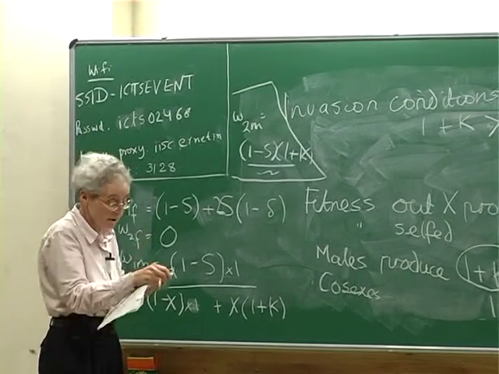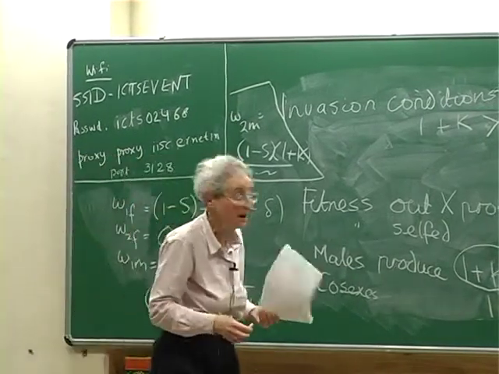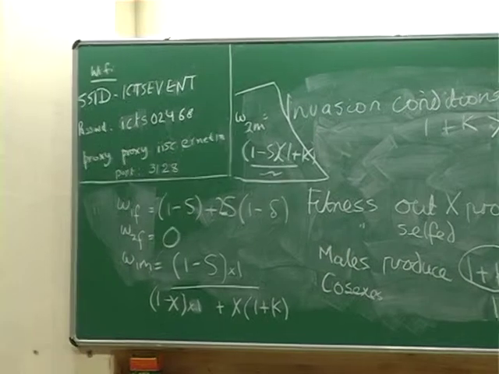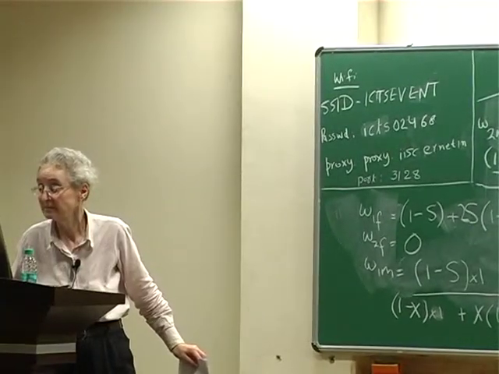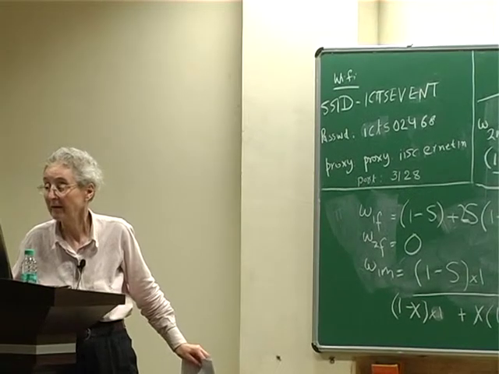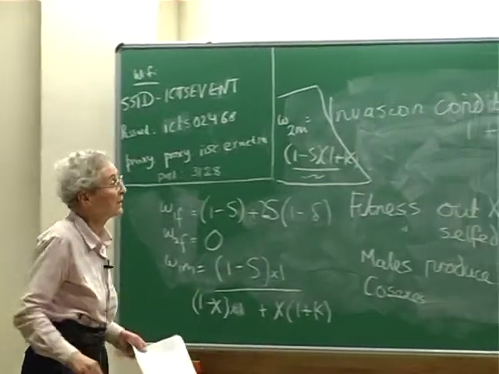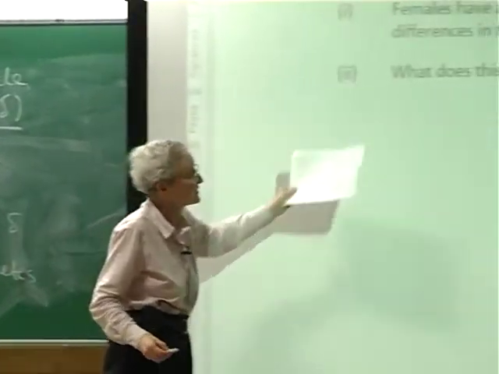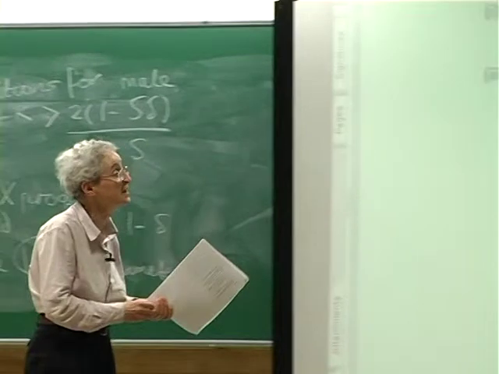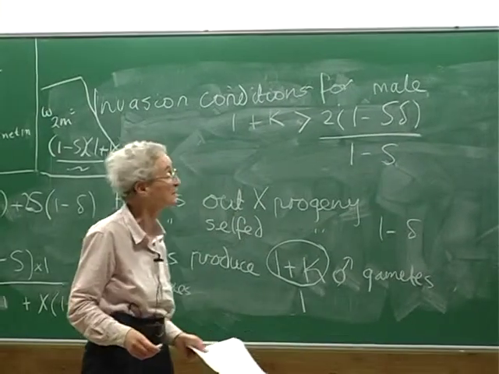So now let's just look at a couple of questions that I put down going to here. We had a different formula for the increased fertility, female fertility that females have to invade.